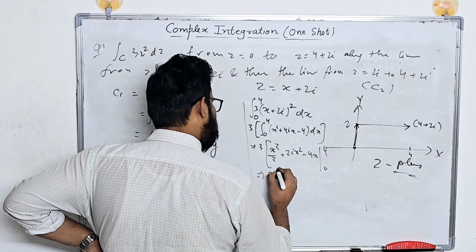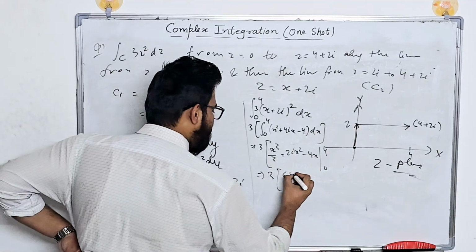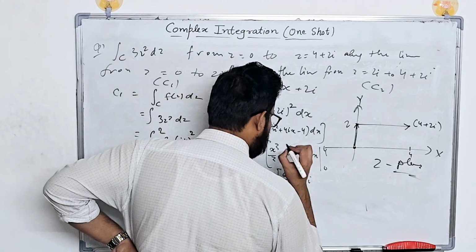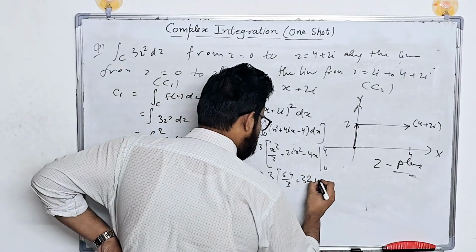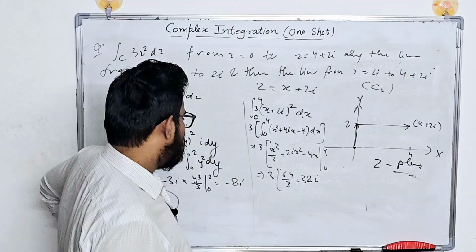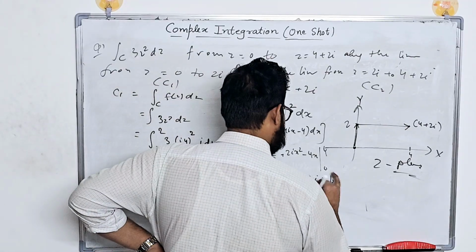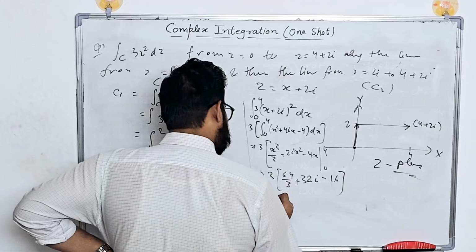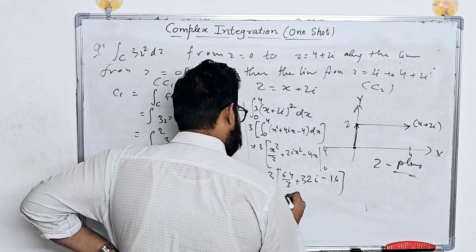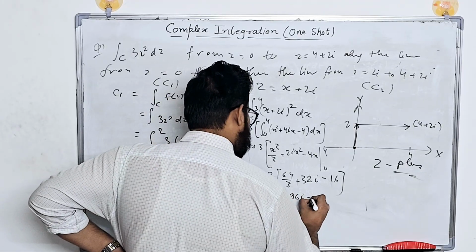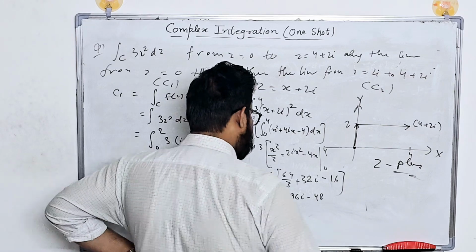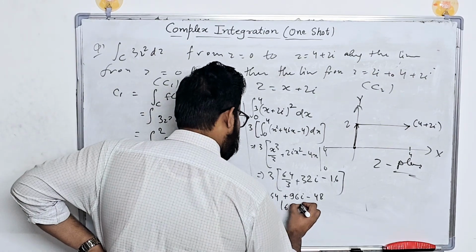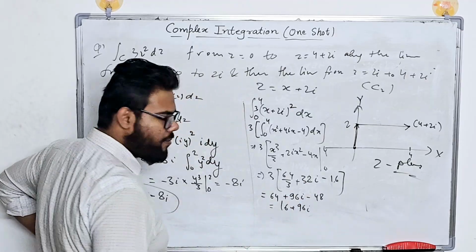So it is basically 64 by 3 plus the quantity 32i minus 16, right? So it is basically 64 plus 96i minus 48, right? So what is 64 minus 48? Well, it is equal to 16, right? 16 plus 96i, right?